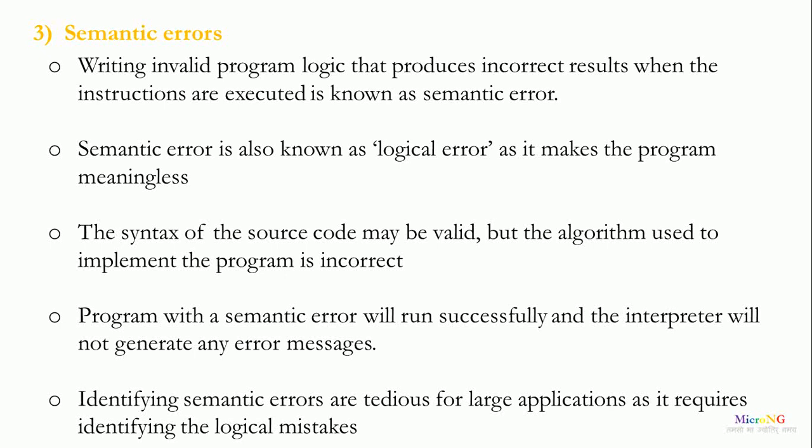The syntax of the source code may be valid, but the algorithm used to implement the program is incorrect. A program with a semantic error will run successfully and the interpreter will not generate any error messages. Identifying semantic errors is tedious for large applications as it requires identifying the logical mistakes.